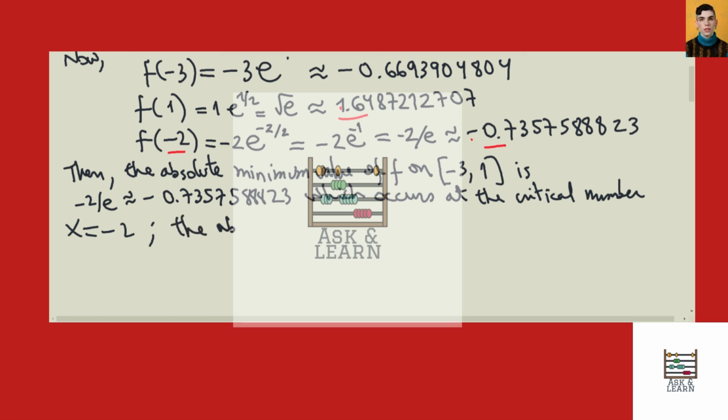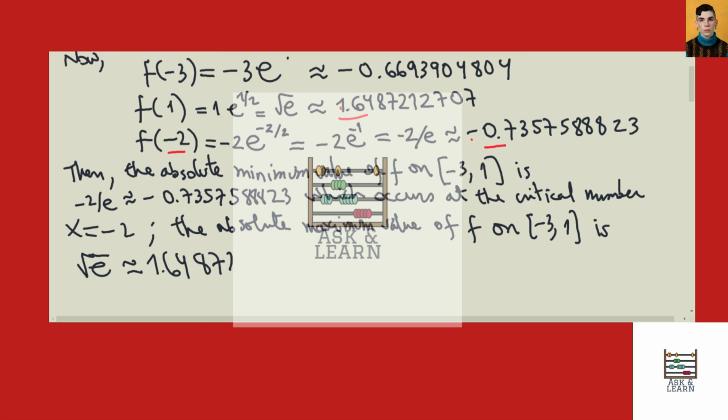And now the absolute maximum value of the function on the closed interval from negative 3 to 1 is square root of e, which we know is about 1.6487212707, and that absolute maximum value occurs at the right endpoint of the interval, x equal 1.